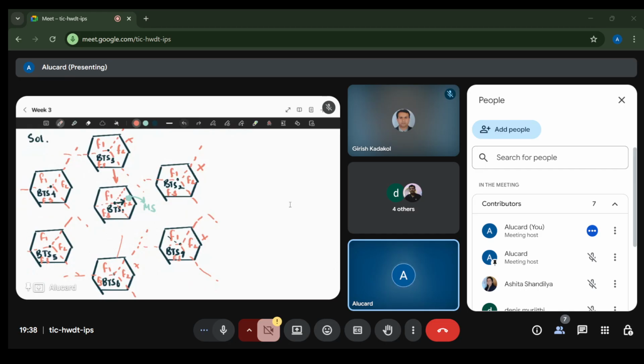So the only co-channels which are causing interference are base station 4 and base station 5, because in this direction it's using F2. Again, in this direction it's using F2, which is what your own base station is using.